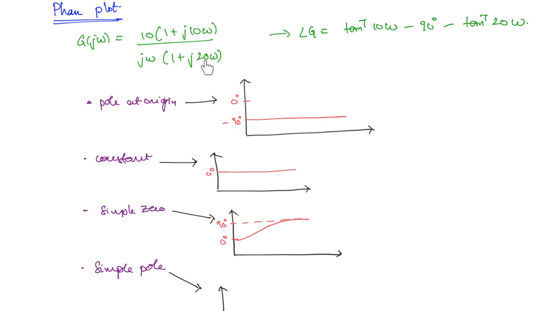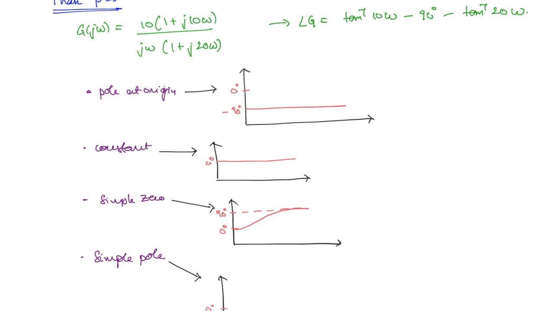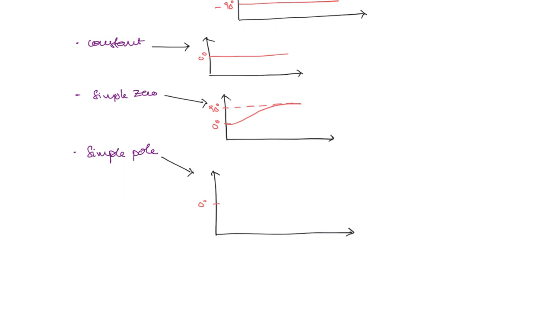So as omega increases, this phase will change at a faster rate because it is 20 omega. So it will reach minus 90 degrees faster than the simple zero. You can draw here. This is where it is reaching minus 90, whereas the simple zero reaches the plus 90 final value after the simple pole has reached minus 90 degrees.